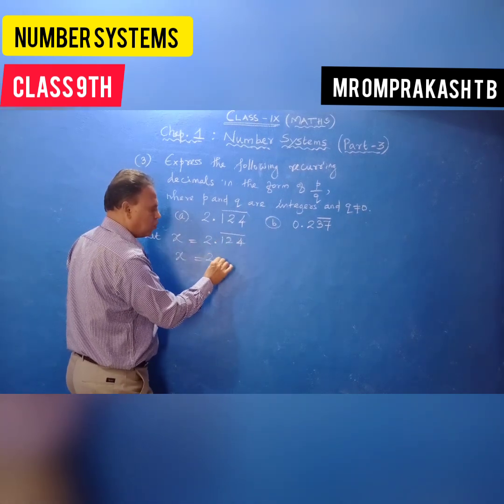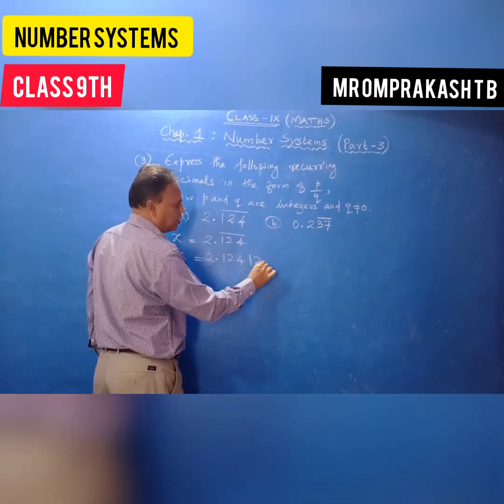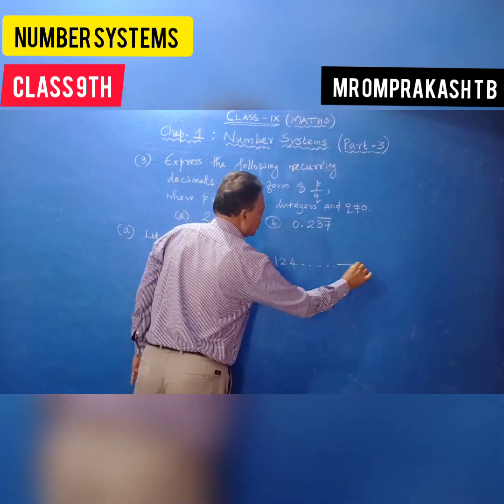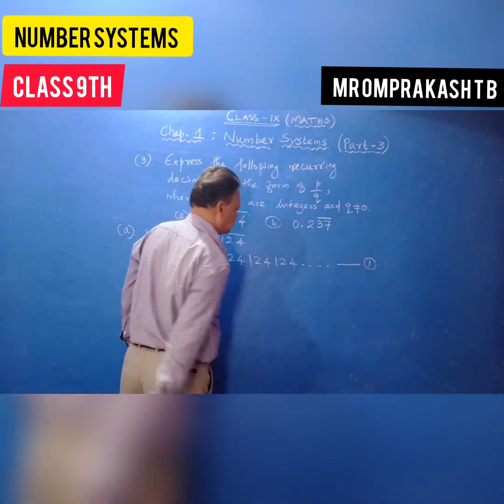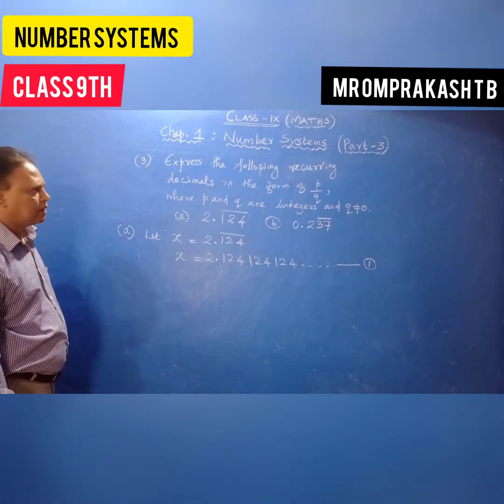That is 1, 2, 4 will repeat. This group will repeat like this. It is going on. So keep it equation number 1.